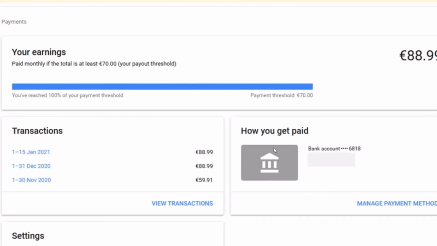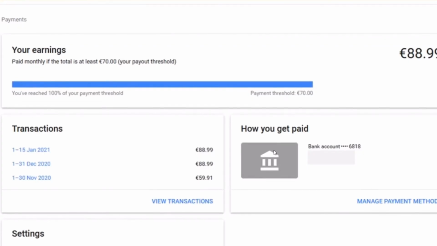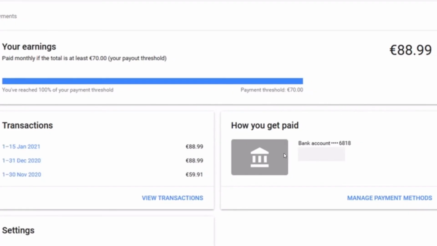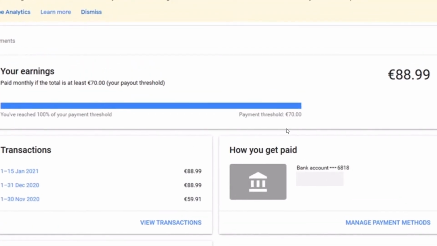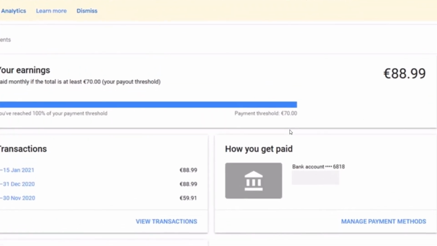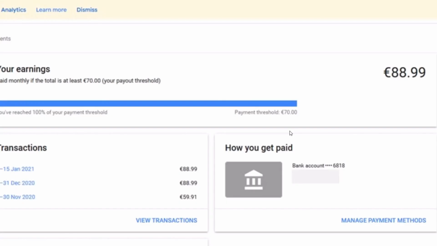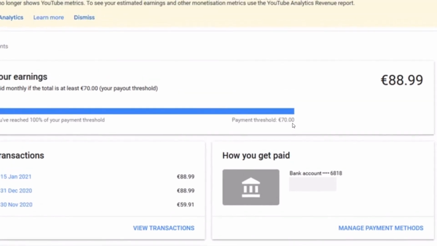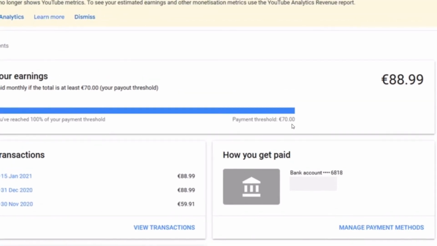So you should expect the money on the 21st of the month in case you are using EFT. In case you are using wire transfer, you should expect it on the 26th of the month. So for EFT, right after the last day you received your payment, you should wait for 4 to 10 days to receive the money in your bank account. But for wire transfer, you should wait for 15 days to receive the money in your bank account.